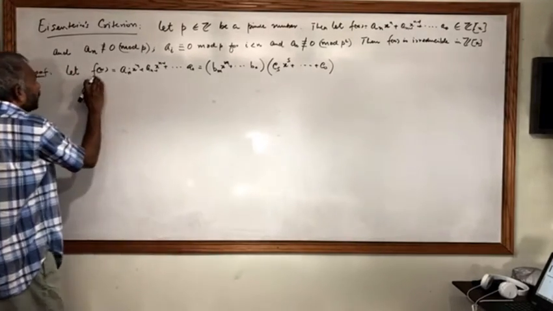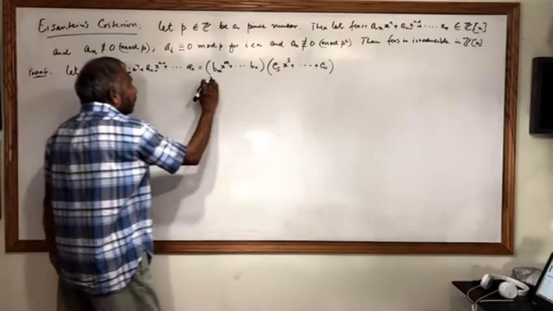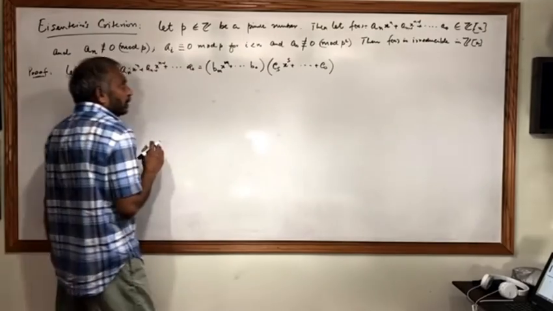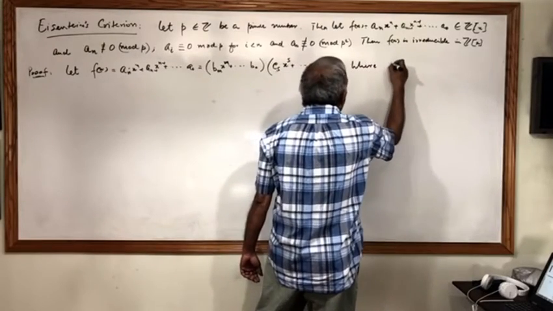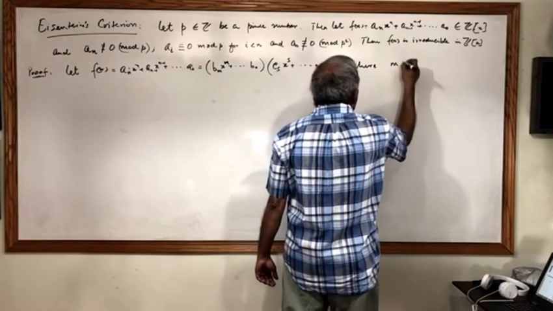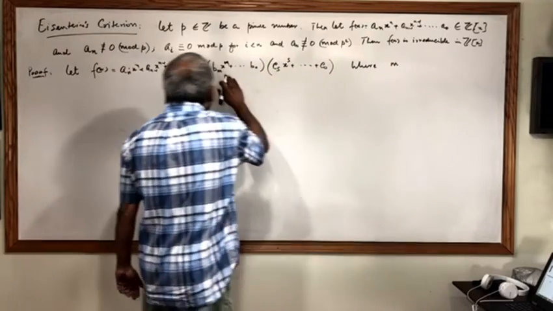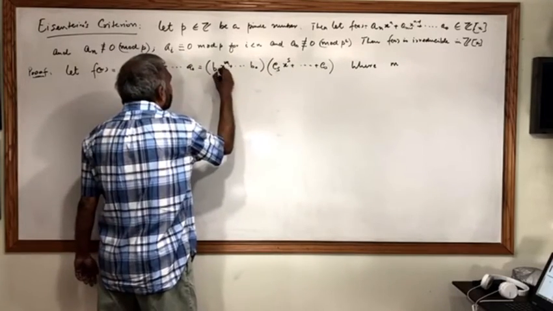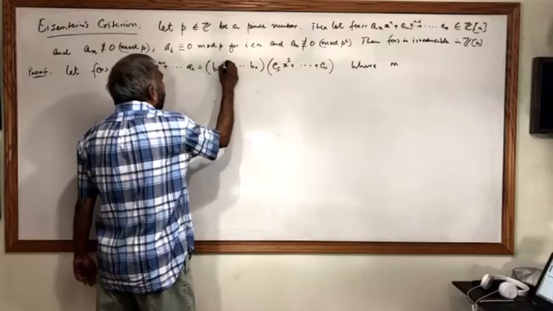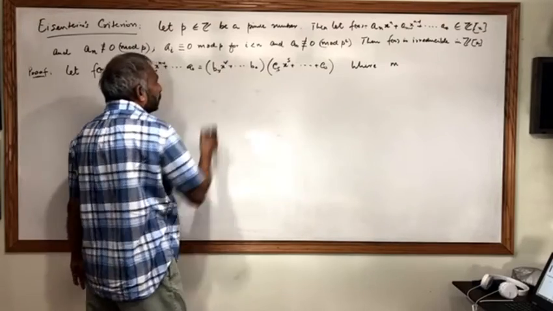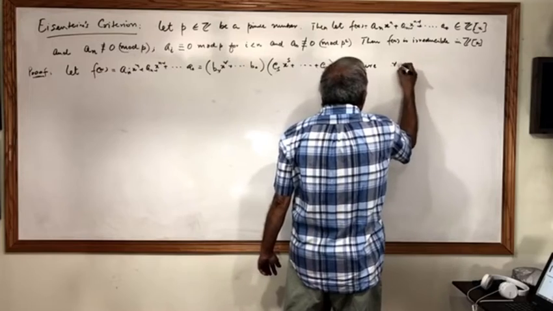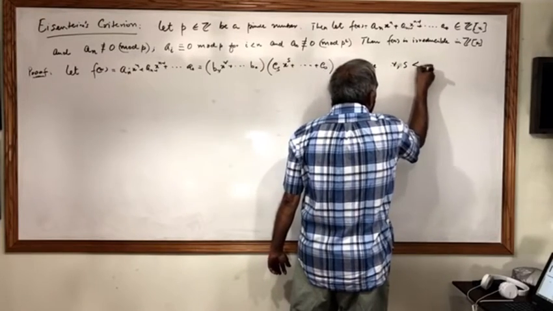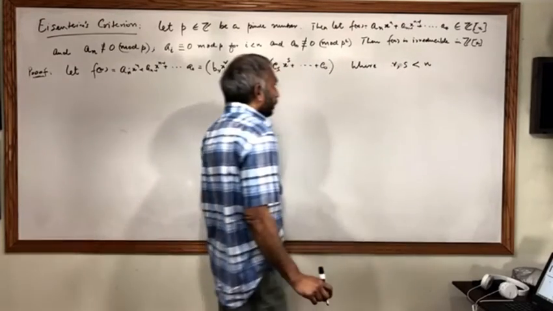If this is reducible, we can factorize where, let us take it as r and s, where r and s are strictly less than n.